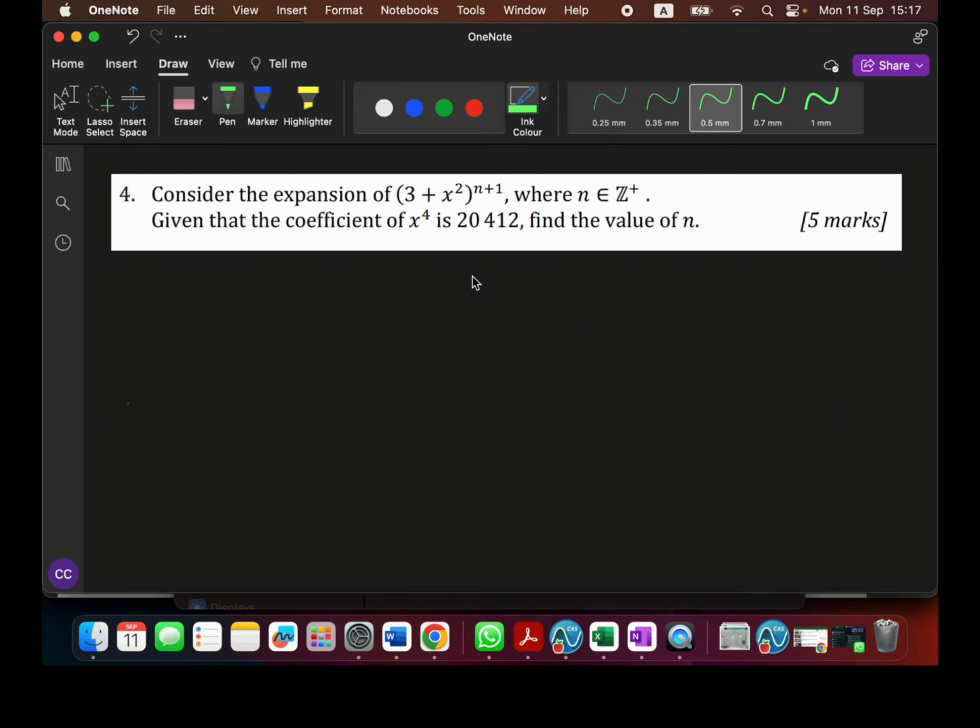It has a statement that (3 plus x squared) to the n plus 1 is what our value is, and we know that there is some magical term that's n plus 1 choose r times 3 to the n plus 1 minus r times x squared to the r has got to be equal to this 20412 x to the fourth.